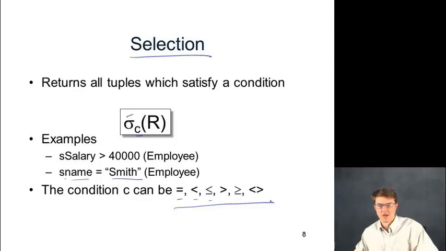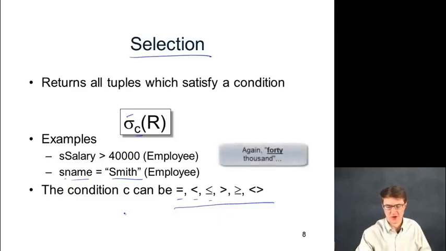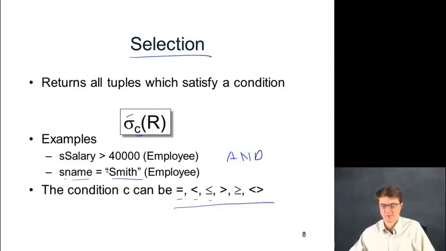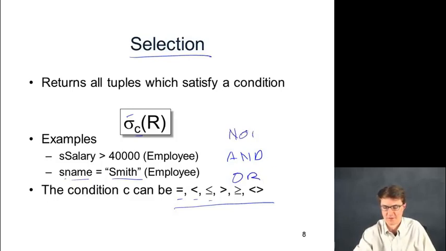Between some complicated user-defined function and a simple condition like salary greater than 4,000, you can have arbitrary Boolean expressions. So you could have conjunctions. You could say where salary is greater than 4,000 and S name equals Smith. And of course you can say or, and you can say not. All of these are legal.